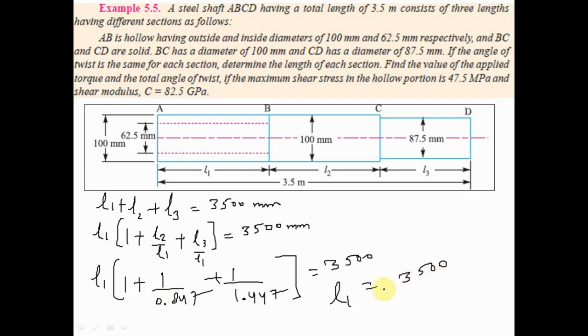Calculate along with me: I calculated this value, 1 plus this value, it is equal to 2.8717. So L1 will be equal to 3500 divided by 2.8717.